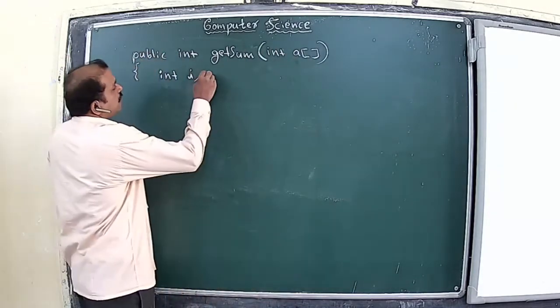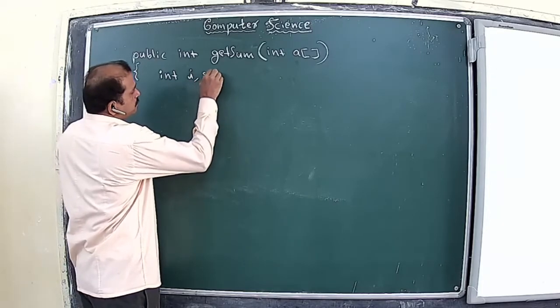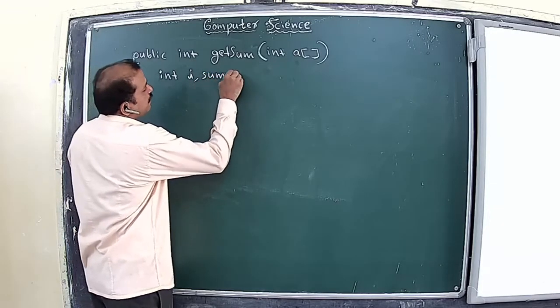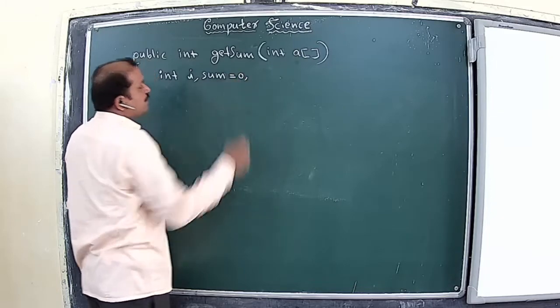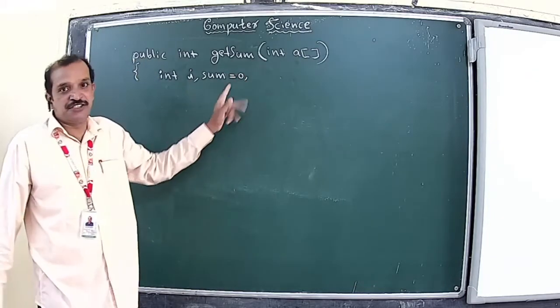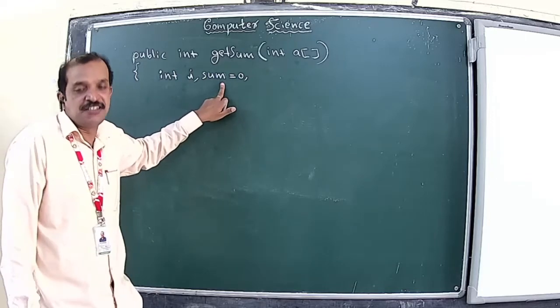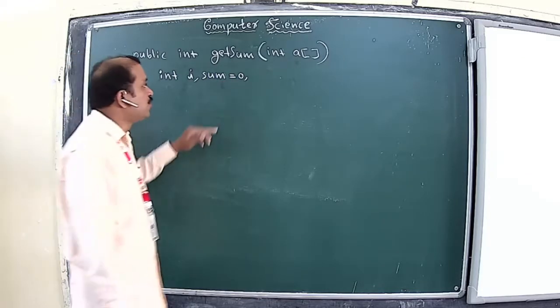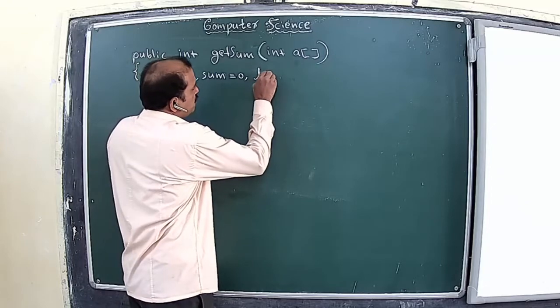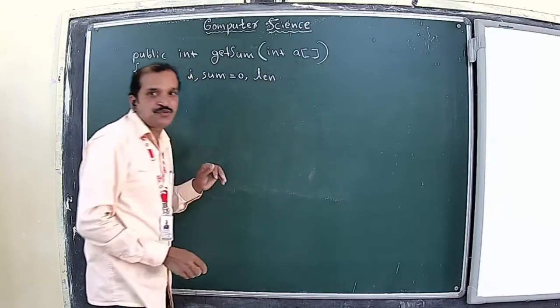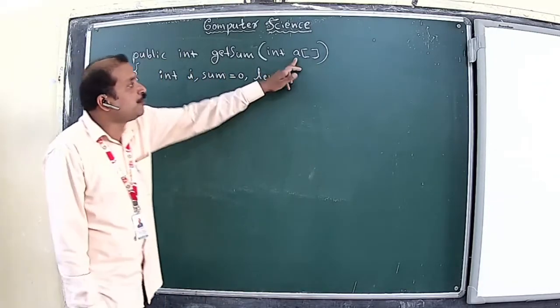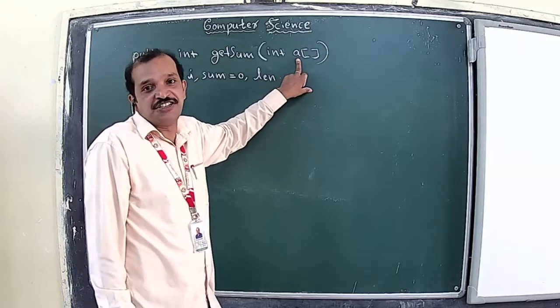And another one will be sum, which will be initialized to 0, since the various array elements are going to be added to this one. Since addition is involved, we will initialize some variable with 0. And another variable also can be created, the length of the array, since we do not know how many elements are there in this particular array.